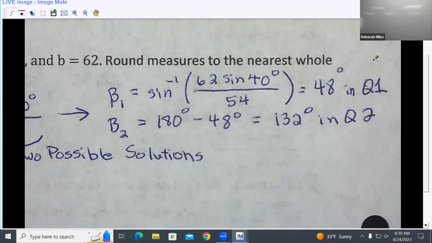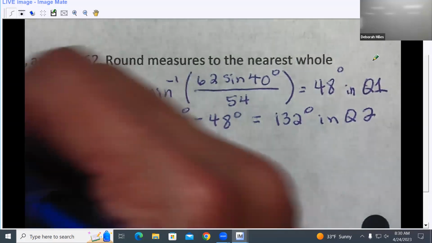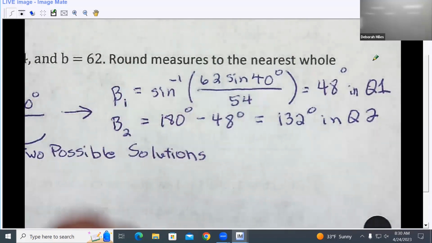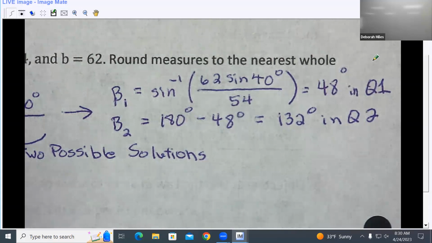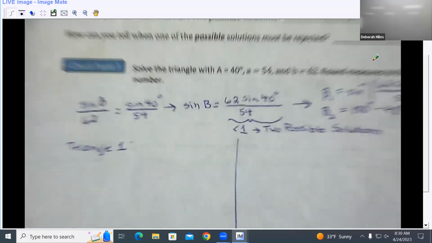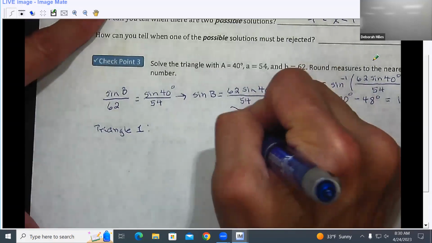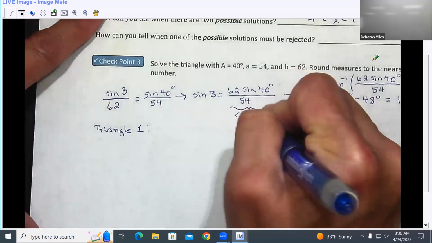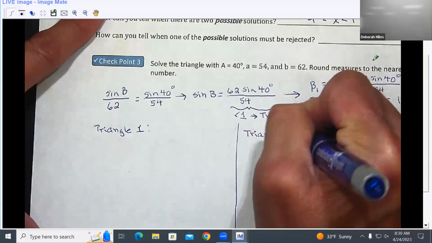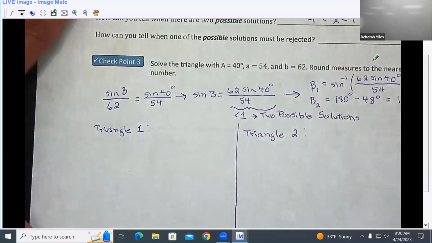Now, I need to start writing carefully here. I'm just going to draw myself a line and finish solving triangle 1 in the left column. And if there is a second triangle, I'll find all of its parts in the right column.